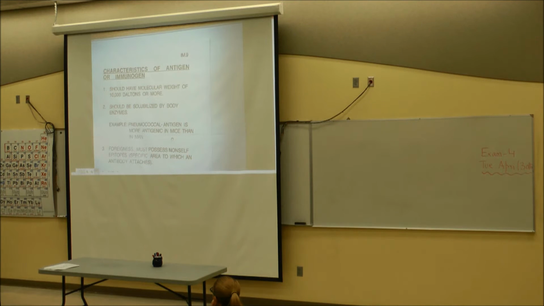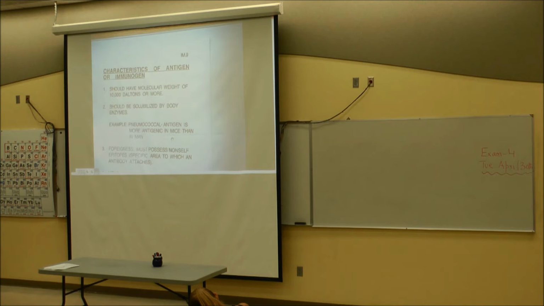Because the little mouse has many more enzymes to process it, break it down into smaller pieces. A human can break down the whole pneumococcal molecule into maybe 4 pieces. A little mouse can break it down into 100 pieces, and each piece will produce an antibody. So processing is very important.